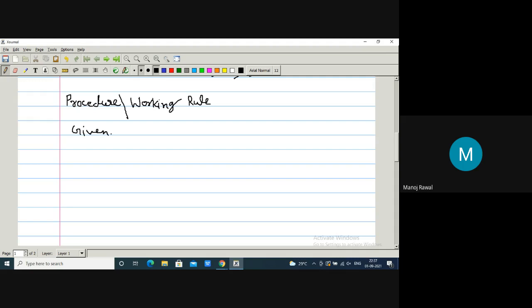Given the Cauchy linear partial differential equation. So what type of differential equation will you be given?